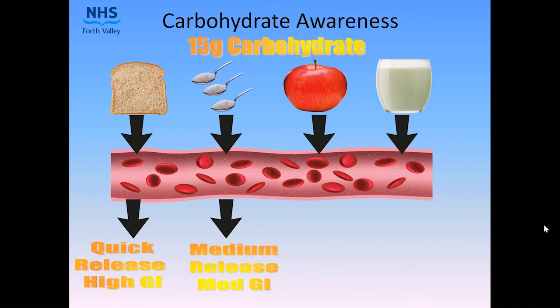Natural sugars found in fruit and milk products also contain different sets of molecules. Fruit contains more fructose than glucose, and milk contains glucose and galactose. This means that they take even longer to digest, which results in an even slower release of glucose.